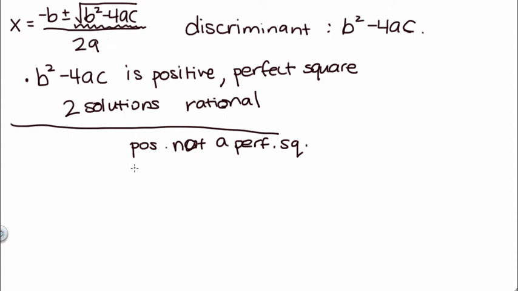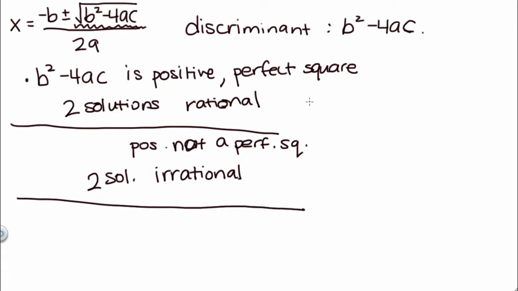So you'll still have negative b plus or minus some irrational number divided by 2a. So overall, you're going to have two solutions still, but it's going to be irrational because you won't be able to take the square root and get a whole number, or get any rational number for that matter. Okay, so those are the two cases where it's positive, and one is a perfect square, one is not a perfect square, and that determines if it's rational or irrational. They both have two solutions.